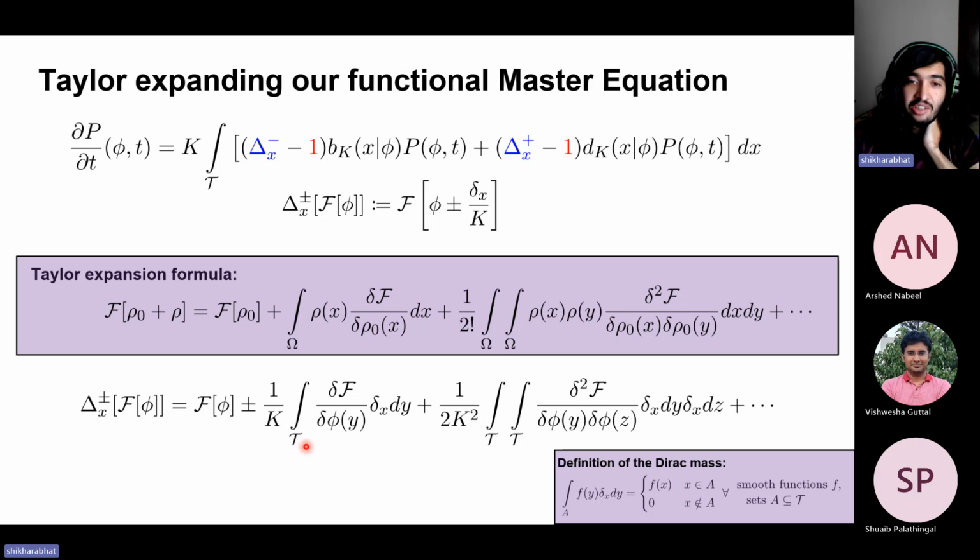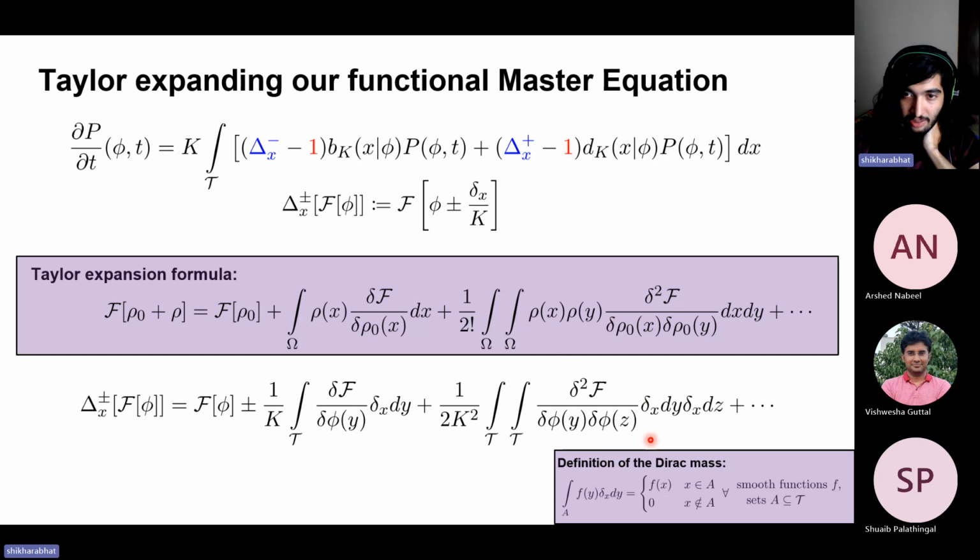And since any given individual must have a trait value somewhere in this trait space, this case is never going to happen. I am instead going to get this inside functional derivative evaluated at the point x. This is from the definition. This is also true here. You just have to do it twice.